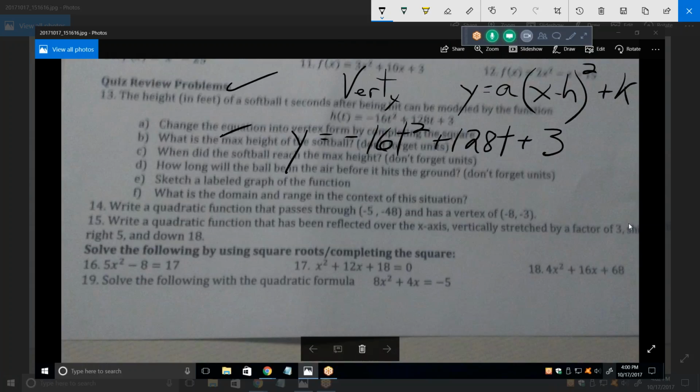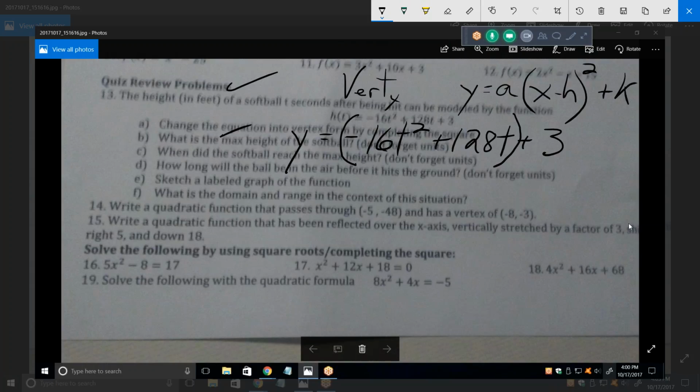Now, the reason you do completing the square is because you want to produce this binomial term squared. So how do I complete the square here? The very first thing to do is to put parentheses around your variable terms.